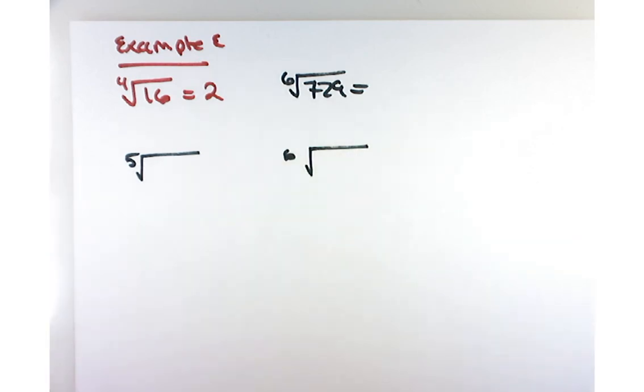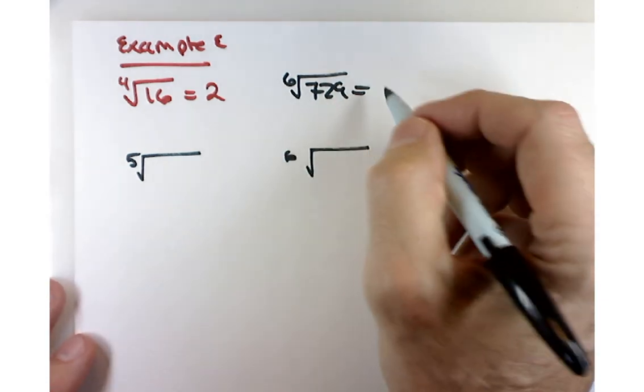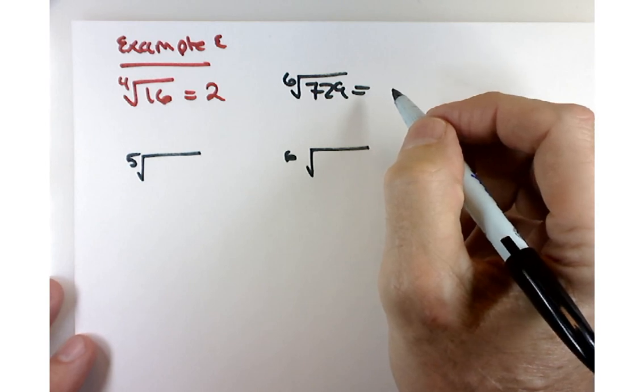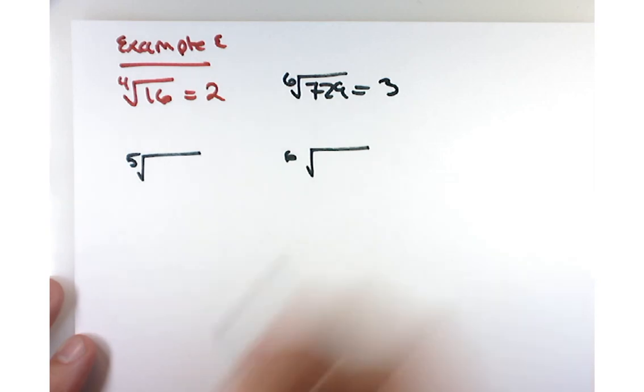Lauren, how are we looking on this one? What'd you get? I got 3. 3? All right. Everyone else getting 3? All right, good, thank you.